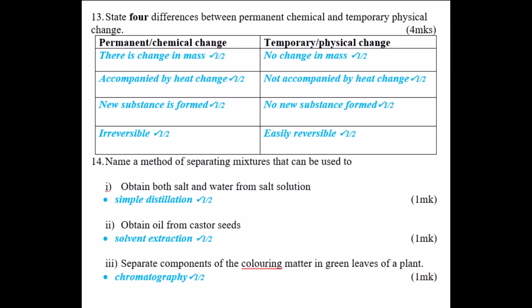But with simple distillation, you are able to cool the steam and then you obtain the solvent. Obtaining oil from castor seeds, that is solvent extraction. You use a suitable solvent like propanol, then you do solvent extraction. Separating different components of colored matter in green leaves, that is chromatography. Remember, for number 14, each question is 1 mark, not a half.